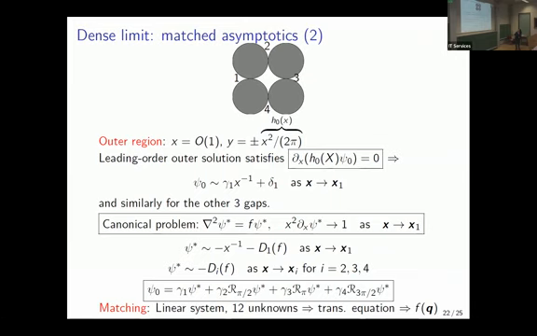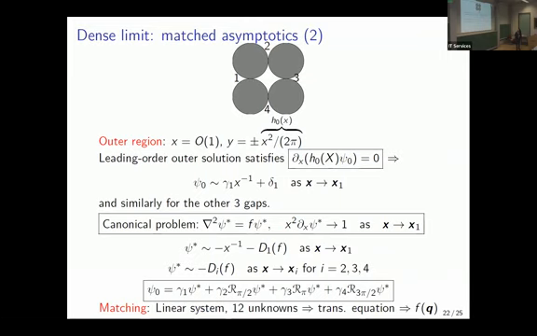And again, this involves two constants, which we would need to match with the inner solution in order to obtain our f. But what is key now is to write the solution of psi0 in terms of the solution to a canonical problem. The canonical problem is as follows.